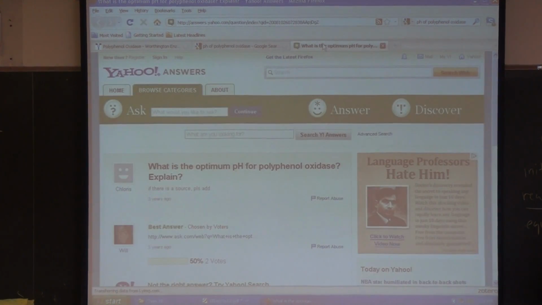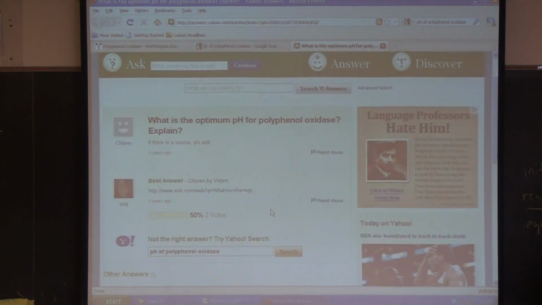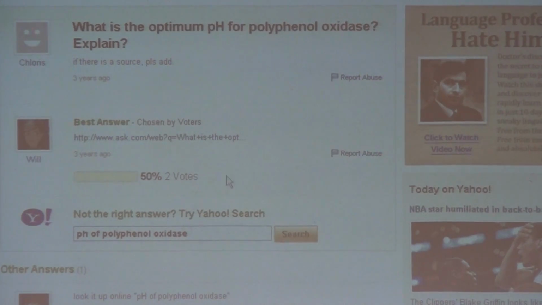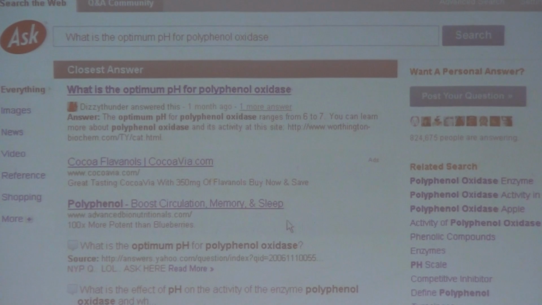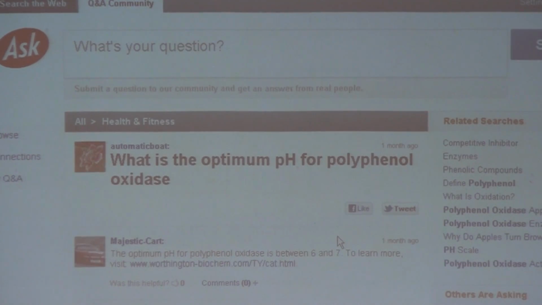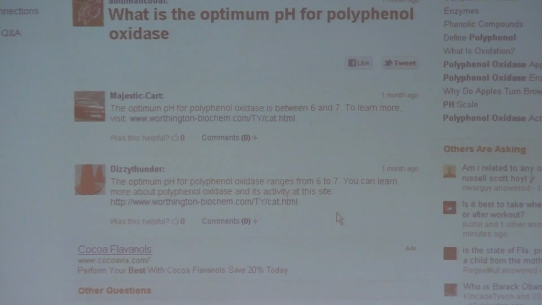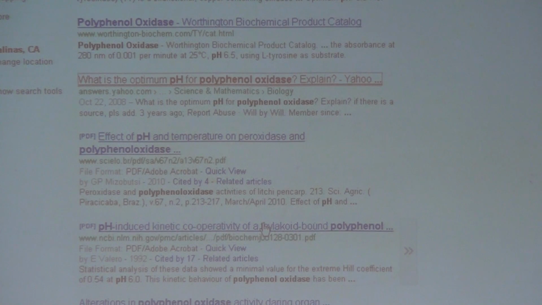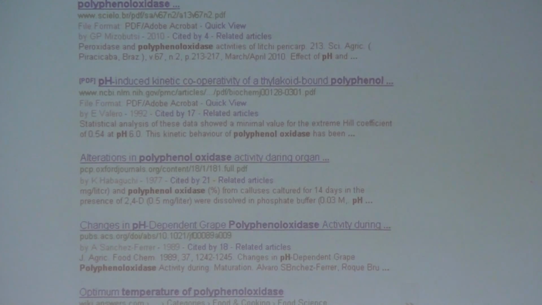If you want to believe answers.yahoo.com, the best answer chosen by the voters was a website. Okay, we found that already. So anyway, the best answer we've seen so far is between 6 and 7.